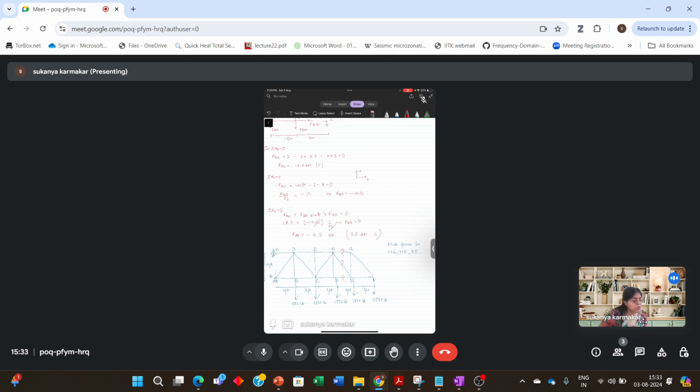You need to proceed to joint G. Then force GF. There are two unknown forces, HG and GE, and you can solve at that joint, but that will be cumbersome. So let's use the method of sections. So I'll be cutting the section here.